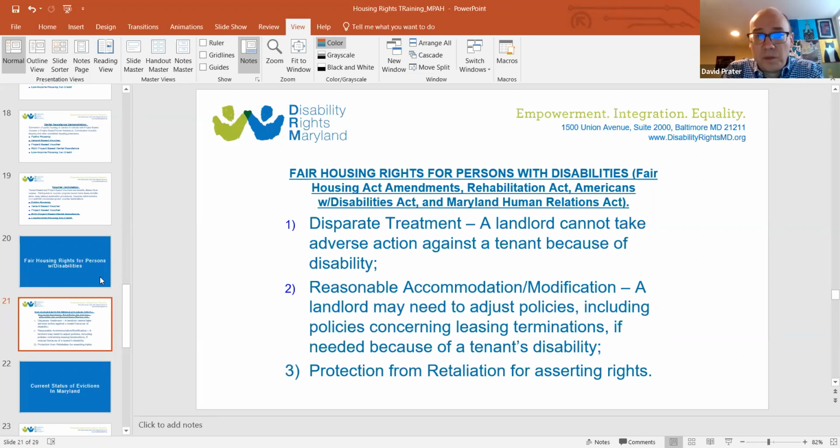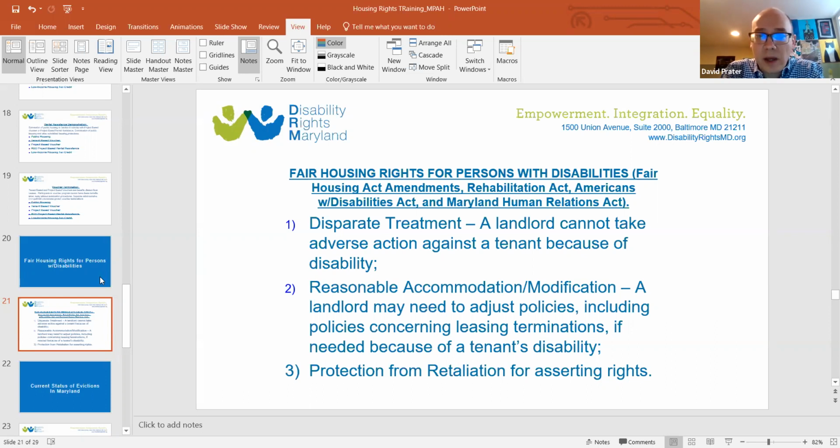Sometimes tenants need reasonable accommodations to comply with the terms of their lease. And there is a lot of case law out there about how tenants with disabilities may need accommodations even though they are facing termination and eviction from their unit.